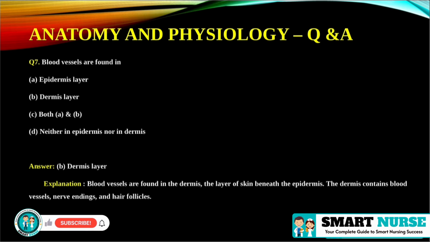The exact answer is dermis layer. Blood vessels are found in the dermis, the layer of skin beneath the epidermis. The dermis contains blood vessels, nerve endings and hair follicles.